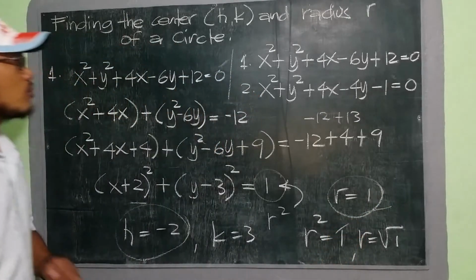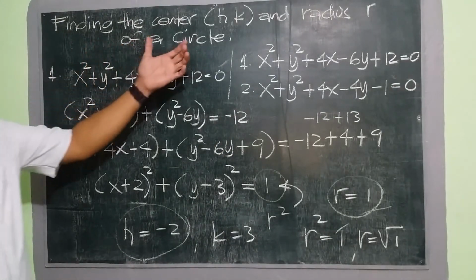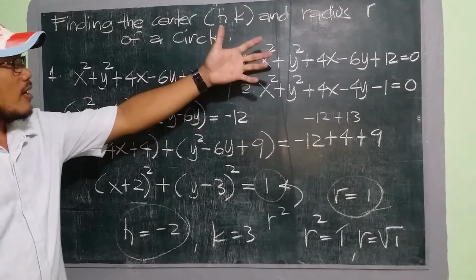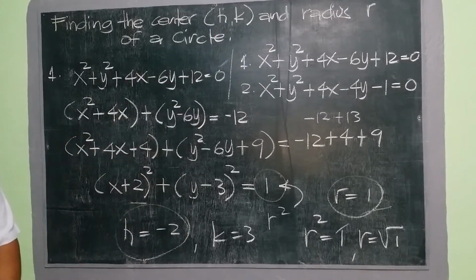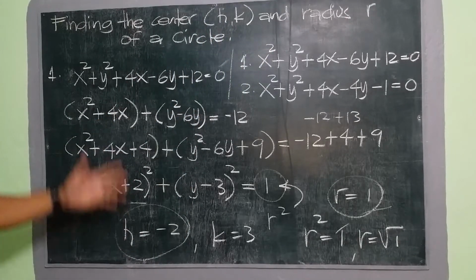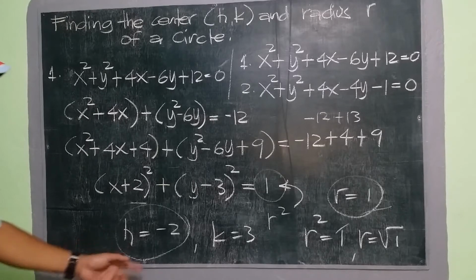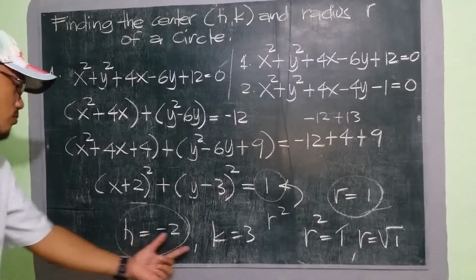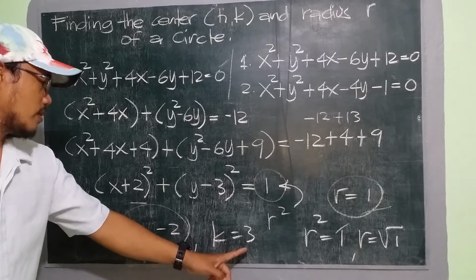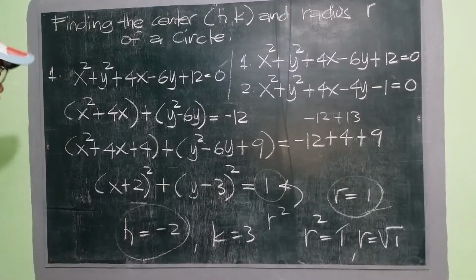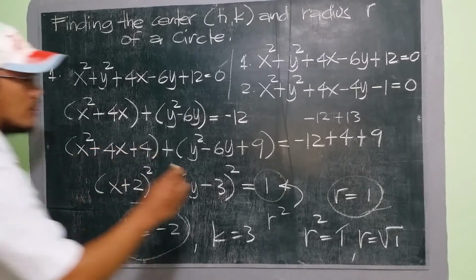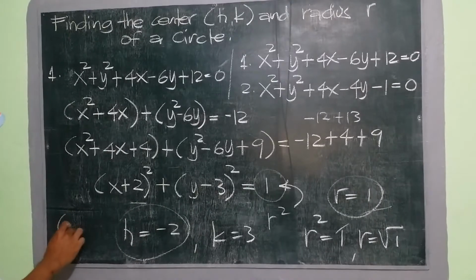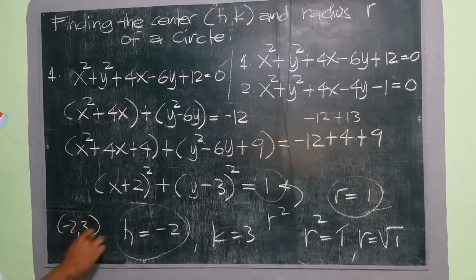That is how you solve for finding the center, h k, and getting your radius r. So in this example number 1, h is negative 2, k is equal to positive 3. Therefore, the coordinates of our center are negative 2 and 3. And then our radius is equal to 1.